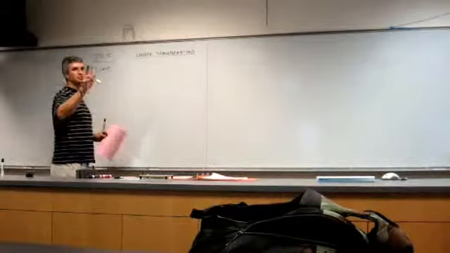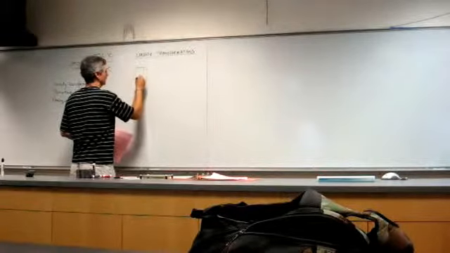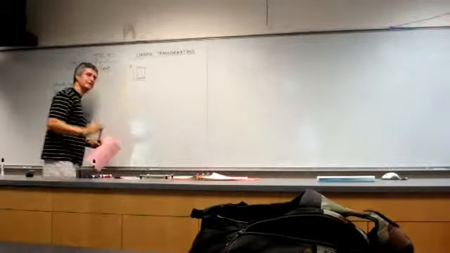Okay? I'm going to think about a light clock like I talked about last time. And I'm going to say that there are two observers. There's a frame that has a light clock. Right? So that means that it goes up and down. This is what I'm going to call the S frame, where the light clock is at.